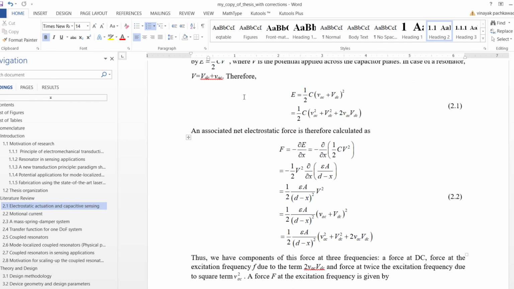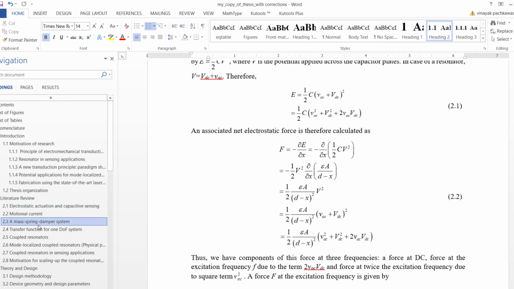We see that there is a potential energy stored in the capacitor given by this one, and in the previous video we saw how to derive an expression for the associated net electrostatic force. By differentiating this equation we get an expression. So that is the expression for the force.